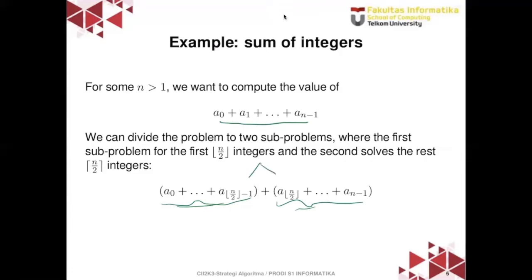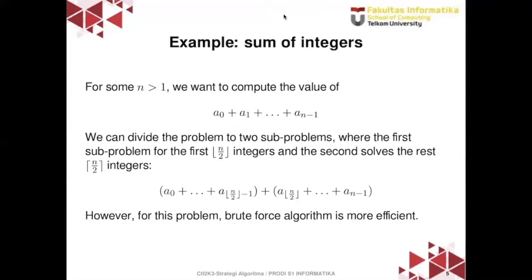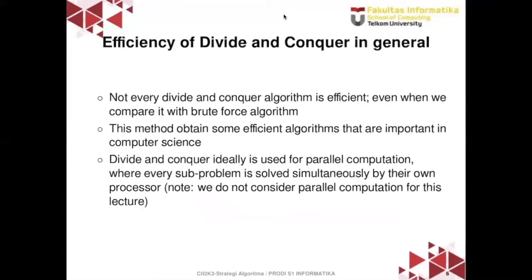So for this case, actually the brute force algorithm is more efficient. So not every divide and conquer algorithm is efficient, even when we compare it with a brute force algorithm. But this method obtains some efficient algorithms that are important in computer science.